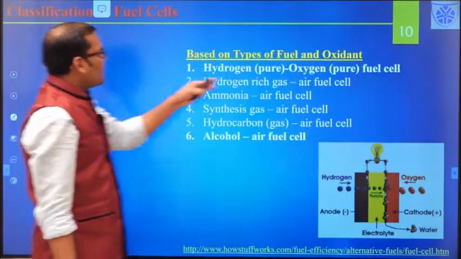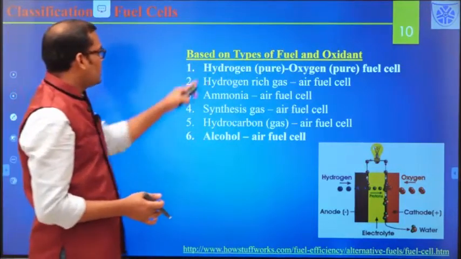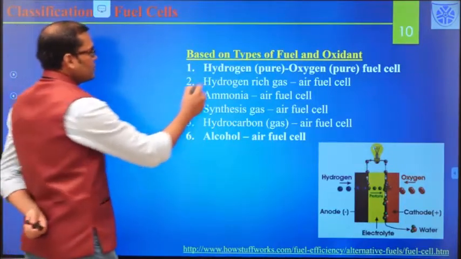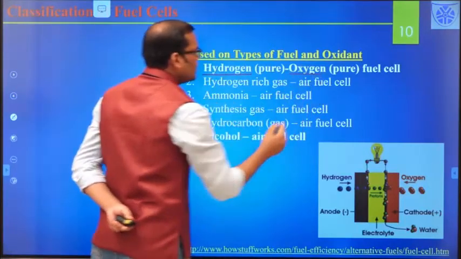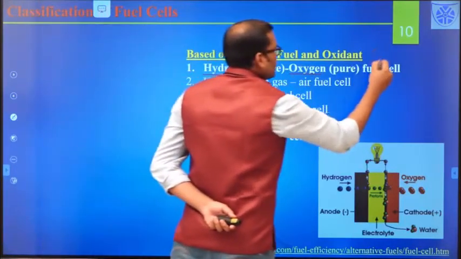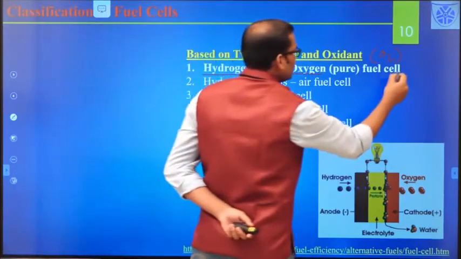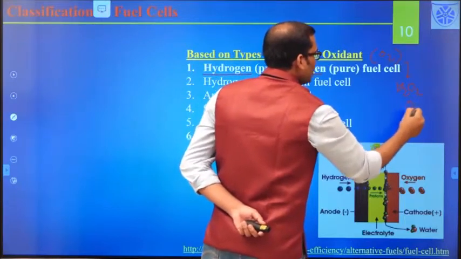Now based on the types of fuels and oxidants, if you use different fuels and different oxidants, again you can classify the different types of fuel cell. If I use hydrogen as fuel and oxygen as oxidant, mostly we use the oxidant as air or oxygen directly. Other than oxygen, you can also use hydrogen peroxide or ozone.